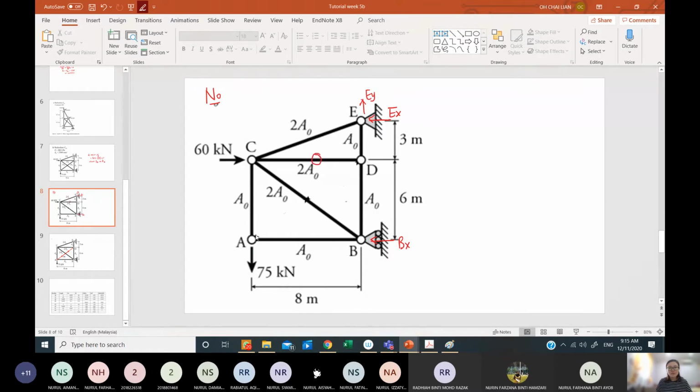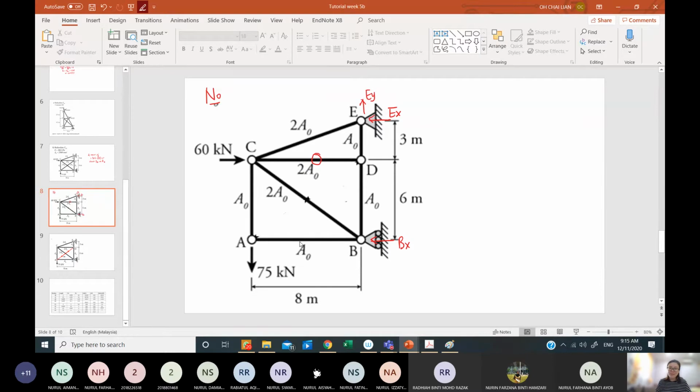I can also solve for member AB. Why? Because if I look, are you following me right now? Yes. I worry that I am going too fast. Now I'm looking at joint A. I have one horizontal unknown and one vertical unknown, so I can solve for these unknowns.